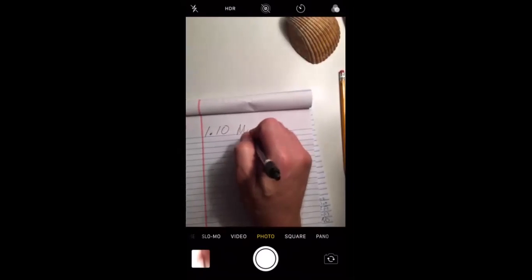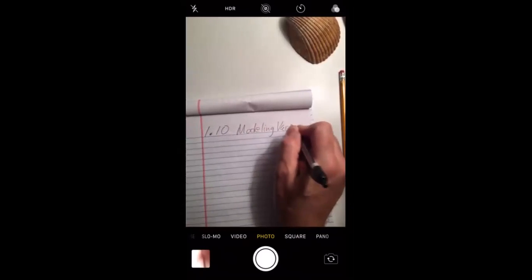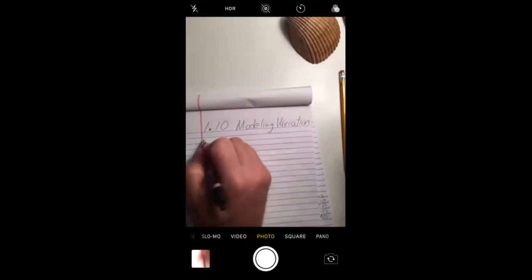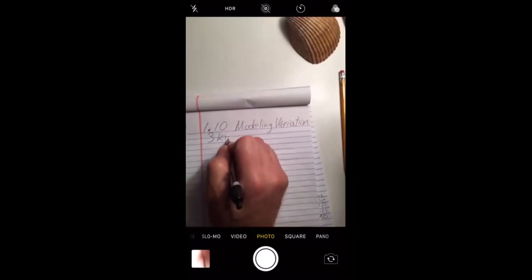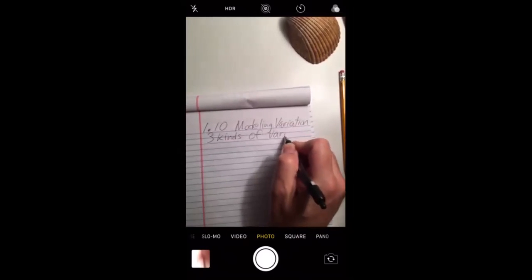Just give you a brief introduction to it. The title of it is called Modeling Variation. We give you 3 kinds of variation.